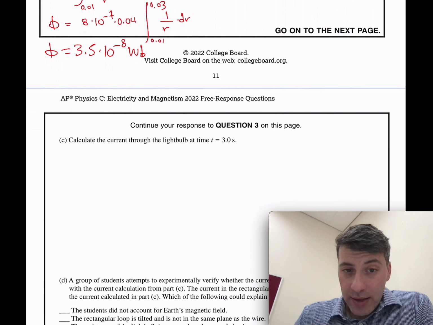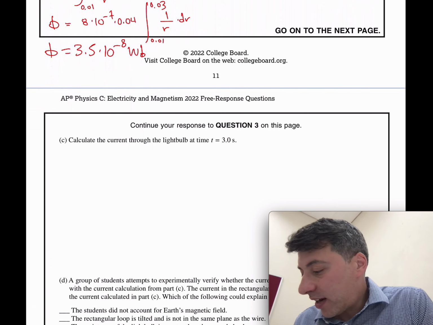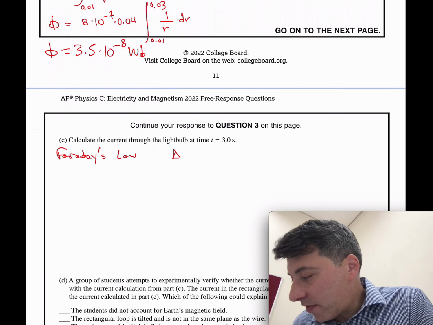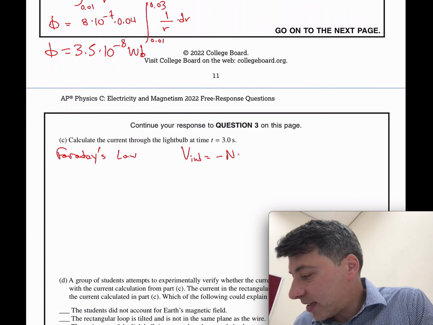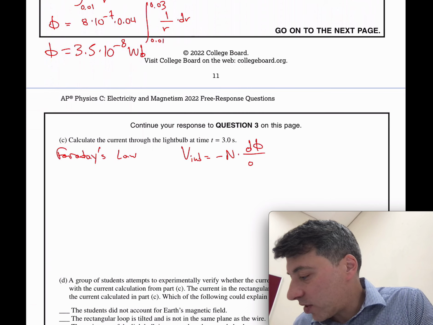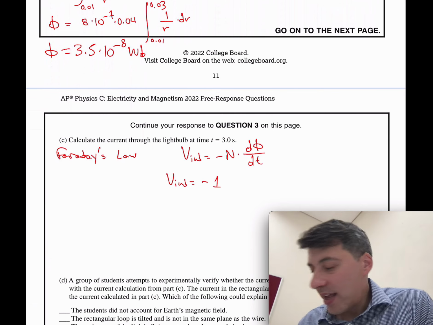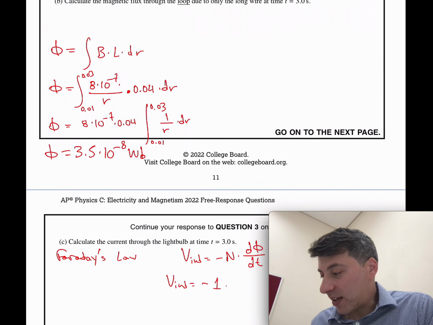Now, we cannot find the current directly, but we need to mention Faraday's law, which states that the induced EMF is equal to minus number of turns times the derivative of magnetic flux with respect to time. We only have one loop, so minus 1. Now for the derivative of the magnetic flux, we need to produce the rule for the magnetic flux.